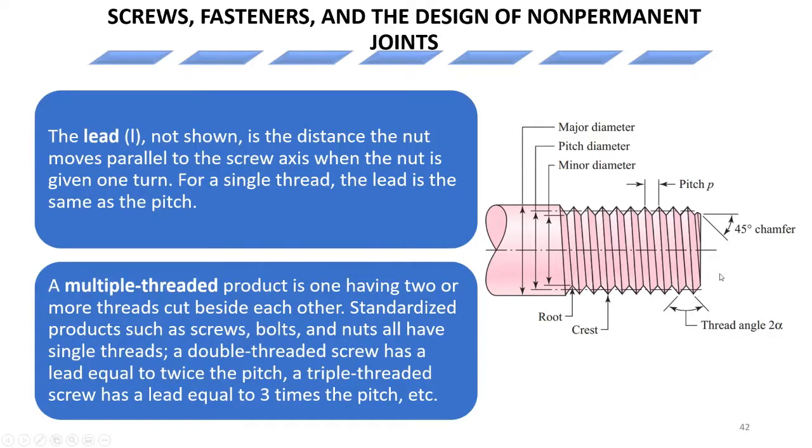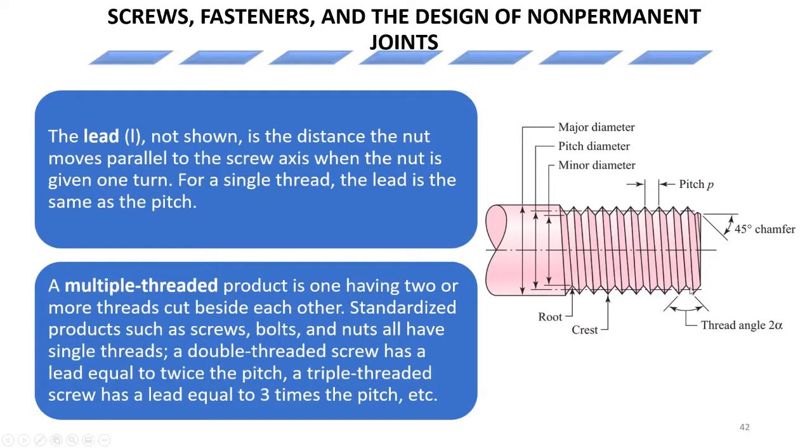But there may be some special applications where double threaded screws are needed. In such cases, if we have double threaded screws, the lead will be equal to twice the pitch. So if the thread is double threaded, then the lead will be equal to 2 times the pitch of the thread.